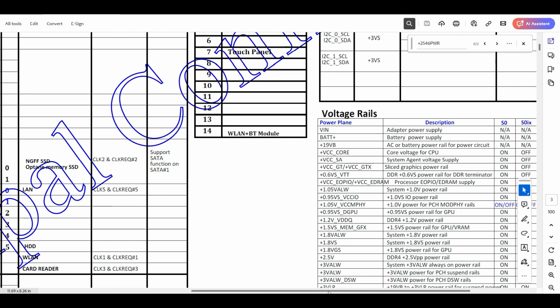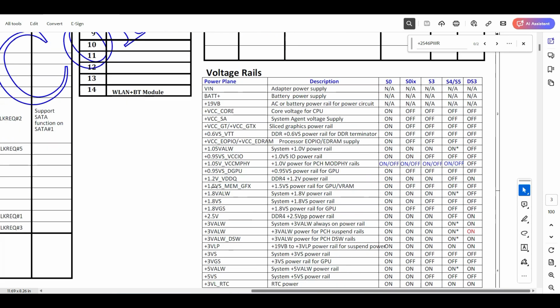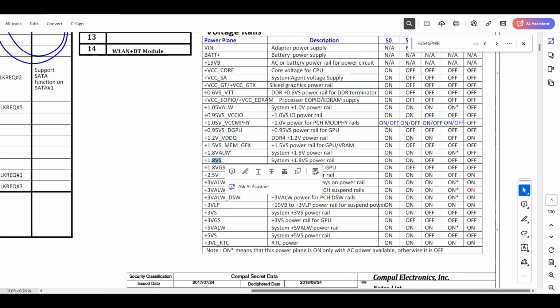See here, what are the remaining voltages? VS related. This VS first, this one will generate, this one will generate. Using this and all VS related voltages, GFX, all will generate one by one.